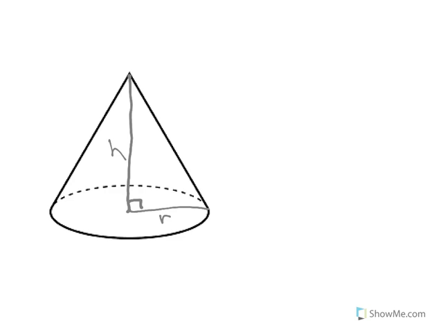What else we have is what we call L, or the slant height, and that goes from the apex to the edge of the base. The height goes from the apex to the center of the base, and the slant height is on the outside. So it goes from the apex to the edge of the base. And that's important to remember.